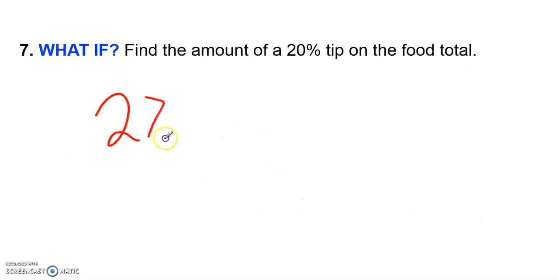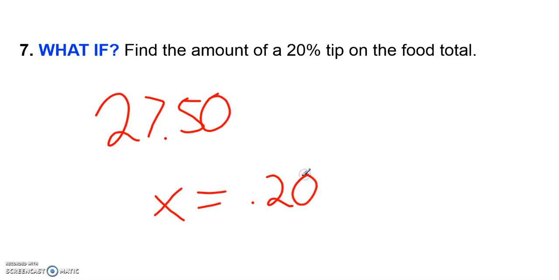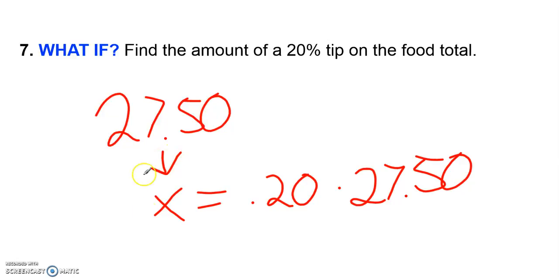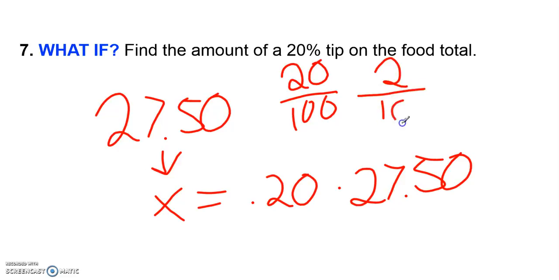So $27.50, that's the whole, I'm just writing that there, but we want to know what this is, so I can give her, the store, or her, a nice tip. Okay? So, if I have 20 over 100, that simplifies down to 2 over 10, which is 1 over 5.